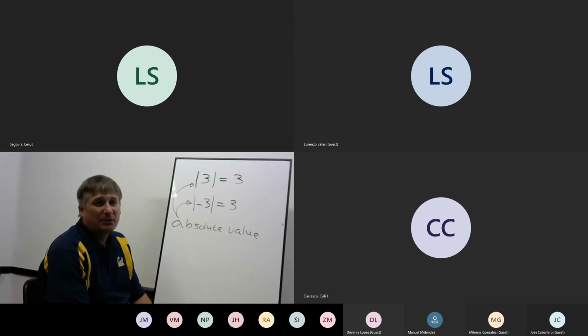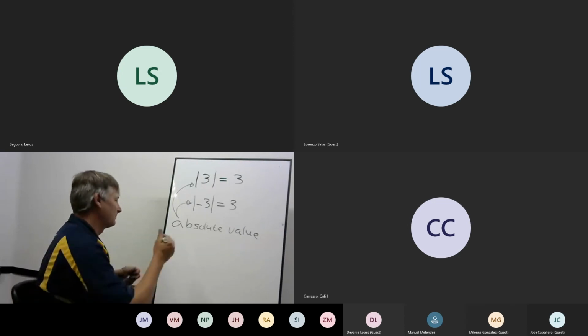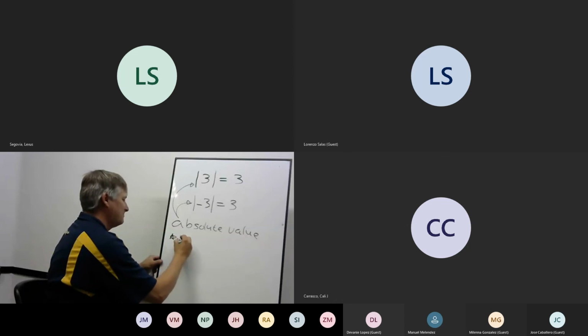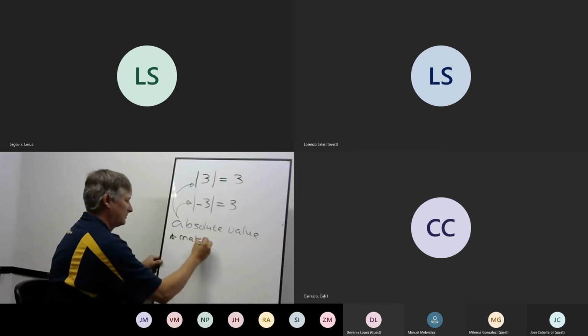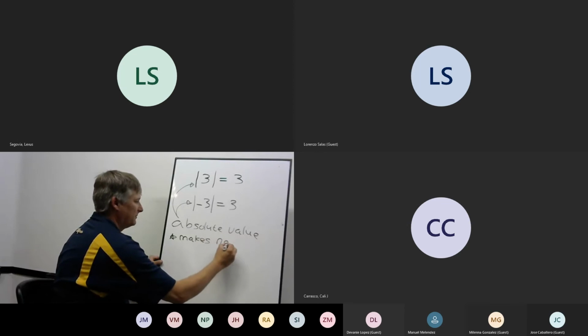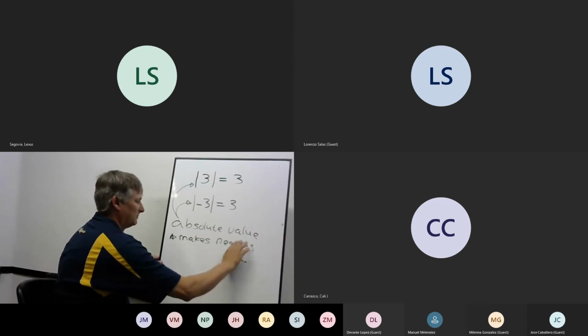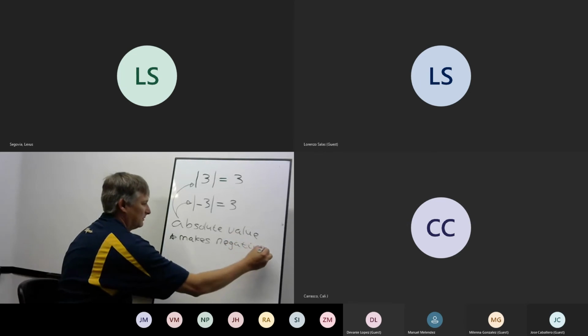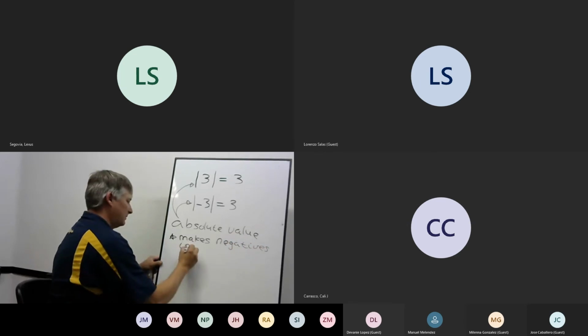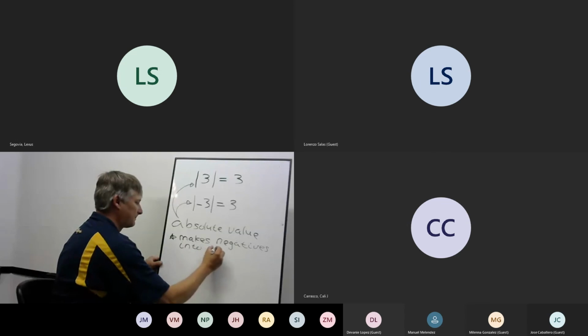So basically, what does absolute value do? It makes negatives into positives.